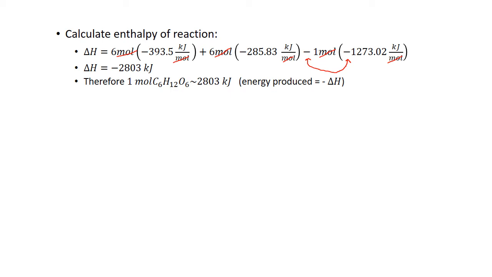The energy available is the negative of delta H. This is an exothermic reaction, so the reactants lose energy as they react, and that energy is now available as heat. And so I'm actually looking at a positive number there. So 1 mole of glucose is equivalent to 2,803 kilojoules.